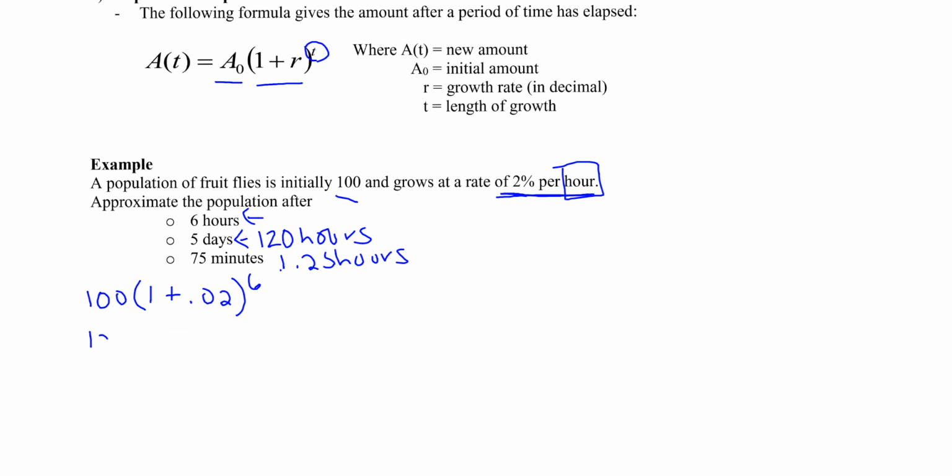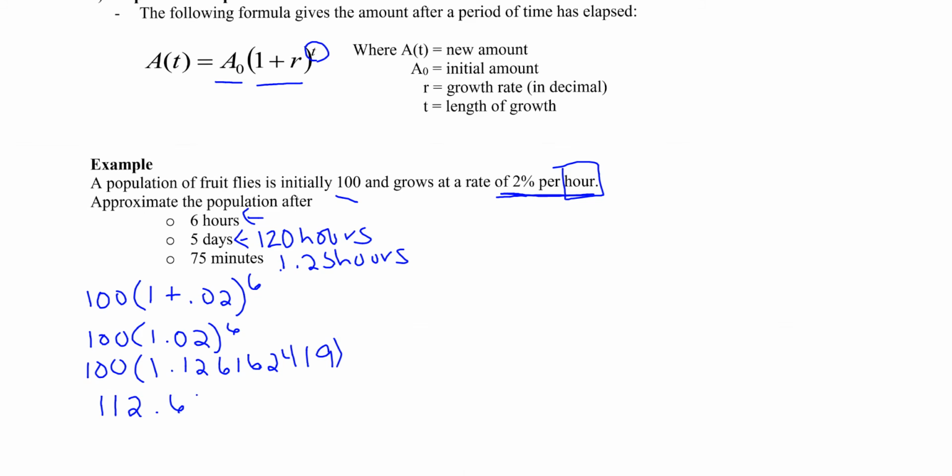So we have 100 times 1.02 to the 6th power, which is 100 times, and again, don't round until the very end, so it'll be 1.1262419, which when I multiply by 100 is 112 and 62 hundredths about, but we're talking fruit flies, so we're going to round it to 113.